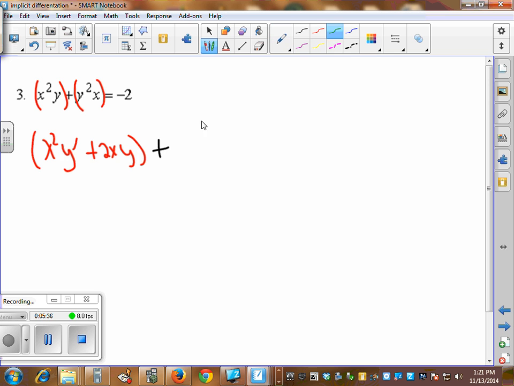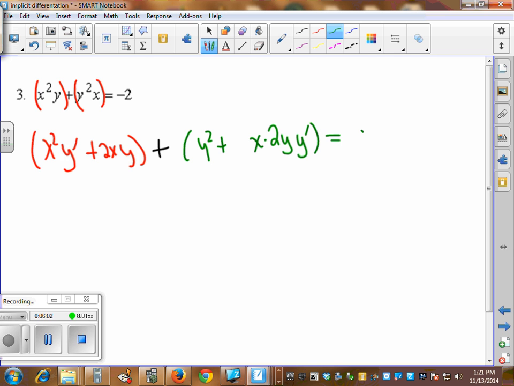And now product rule for this one. First times derivative of the second, which is 1, plus second times derivative of the first, which is going to be 2y', because with implicit differentiation, anytime we take the derivative of y, we have to make sure that we put the y' to show that we did that.